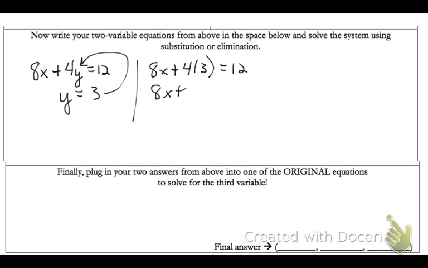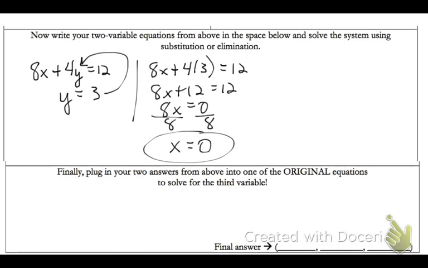So 8x plus 12 equals 12. Subtract the 12 from both sides, so 8x equals 0. And that's okay, we just keep going. So now we've got our second variable. So we know that y equals 3 and x equals 0.